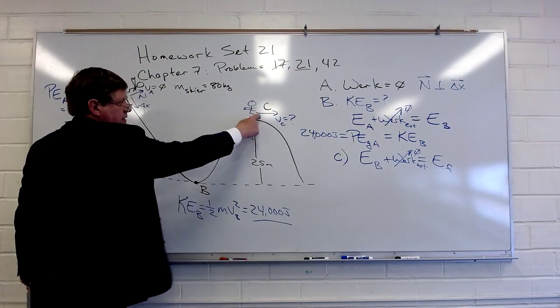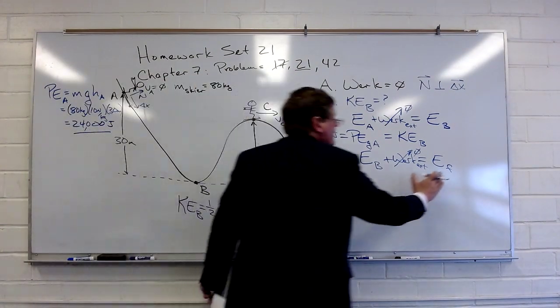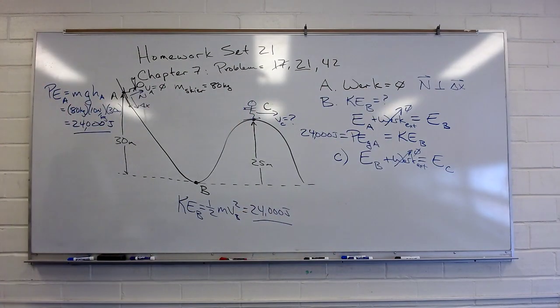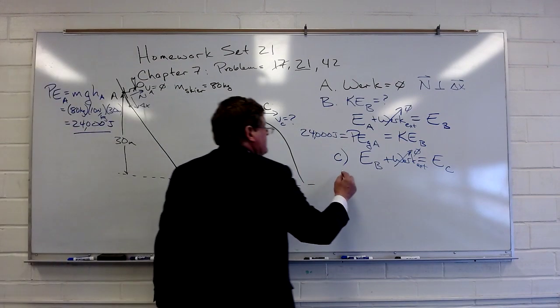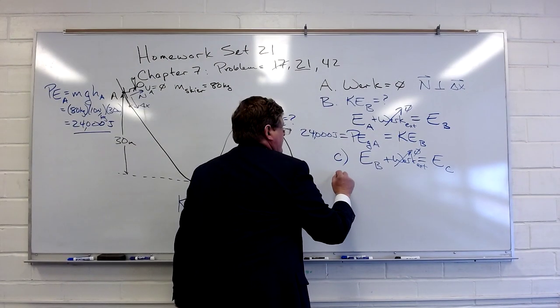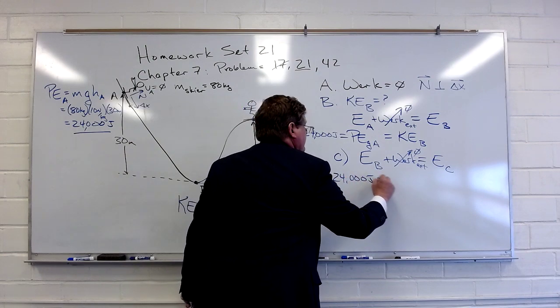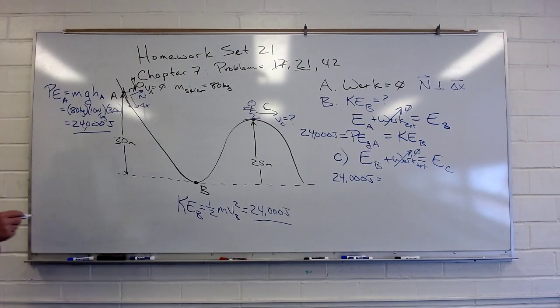I'm looking for information at point C, and so I'm going to make my final event when she gets to point C. So my initial energy is 24,000 joules, and my final energy, I've got two flavors.